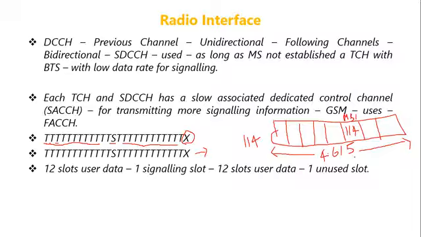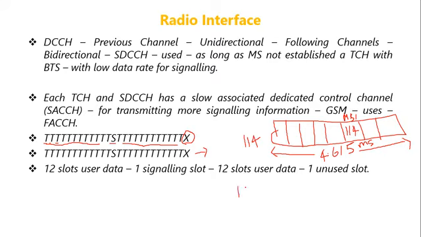So 1 second means 1000 milliseconds. For 1000 milliseconds, how many bits will be transmitted?